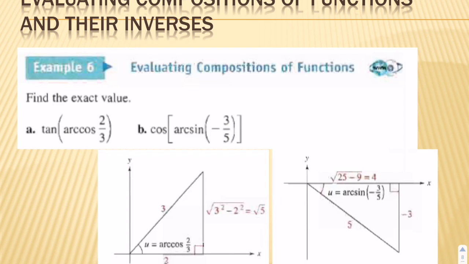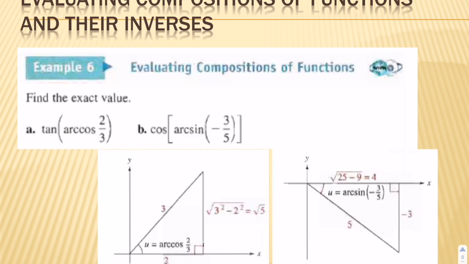is equal to 2 over 3, and so if that's the case, then the adjacent of the angle, and we're looking in the first quadrant here, is 2, and the hypotenuse of the triangle is 3.